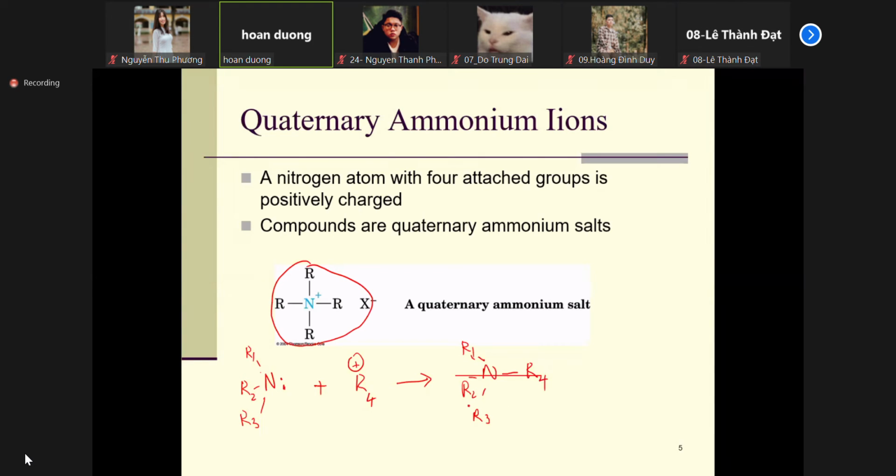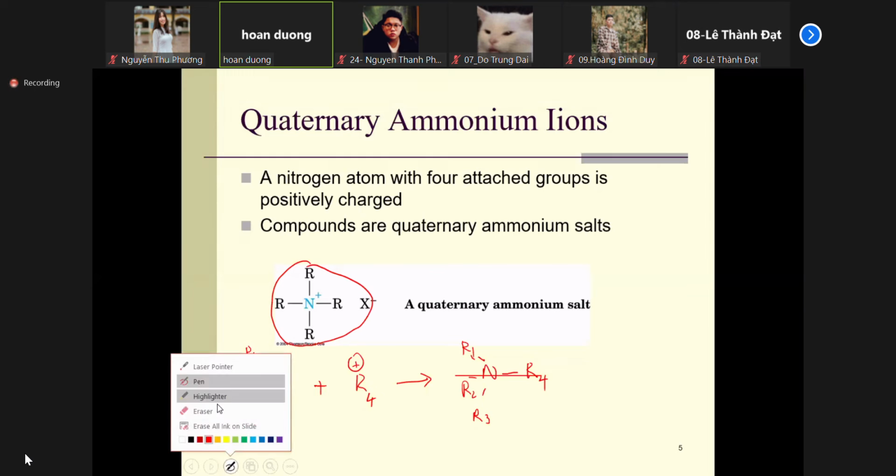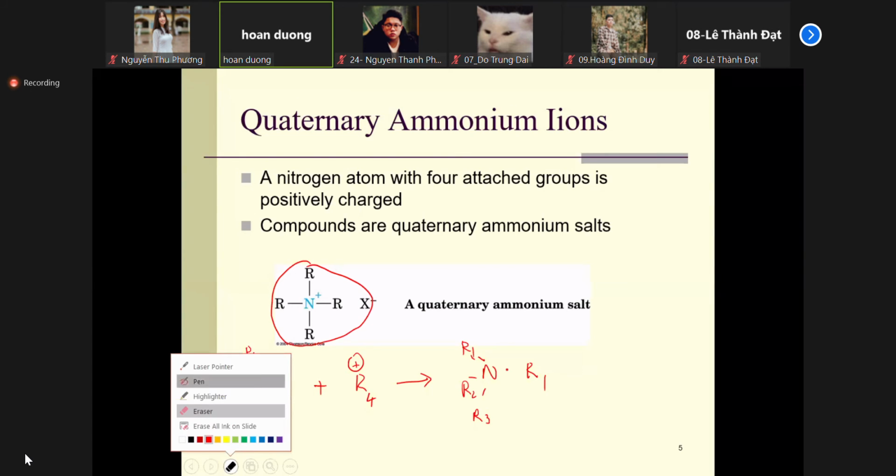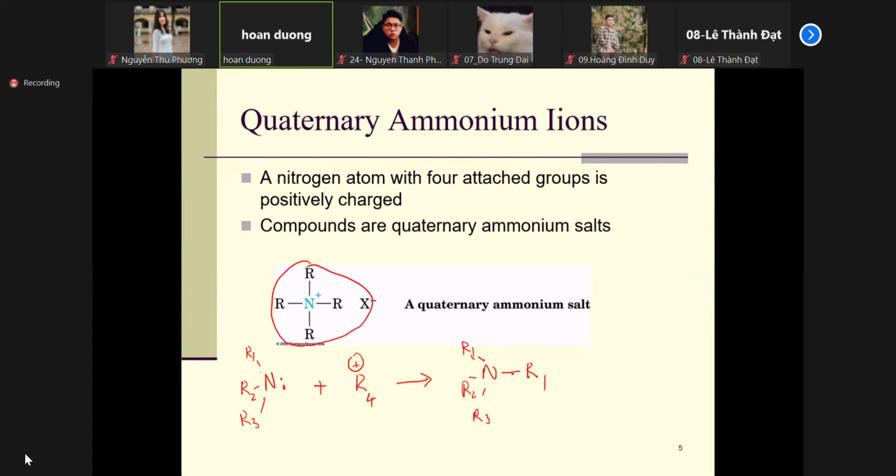Oh, the pen is not very good, sorry. It sometimes jumps, maybe because of COVID. Because it's bonded to here, it makes a positive charge. This is how they form. Because it's a positive charge, they need one anion, so we call it X minus.